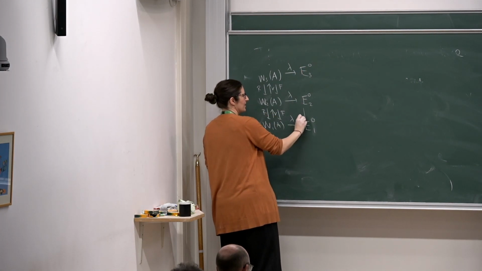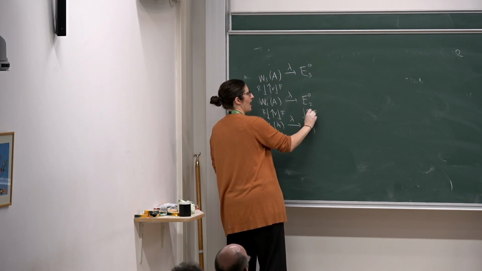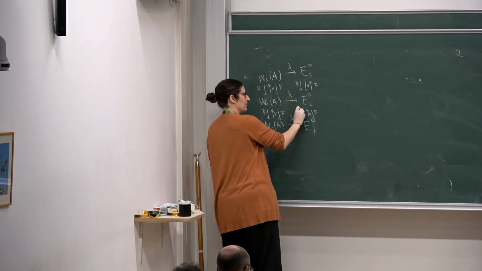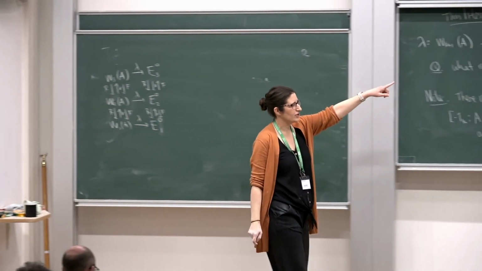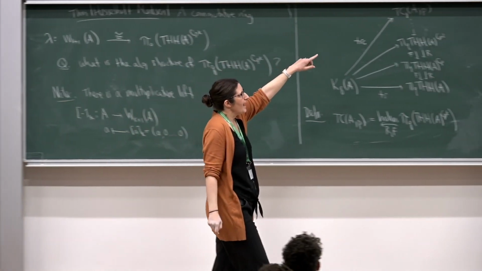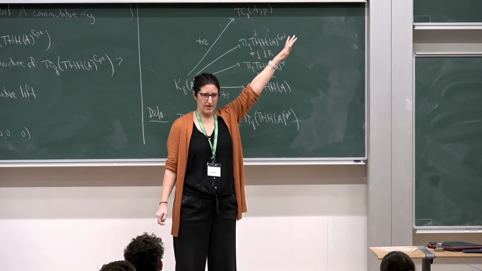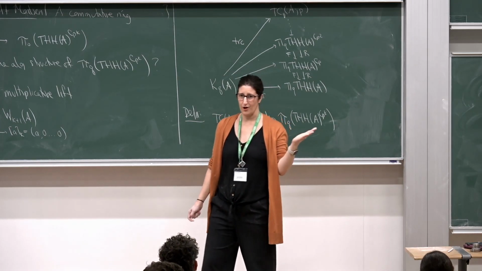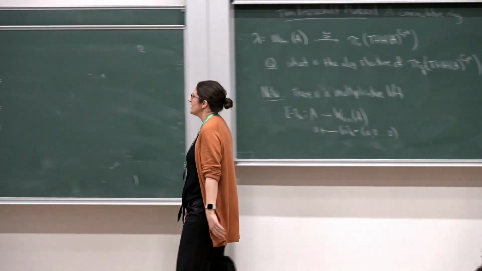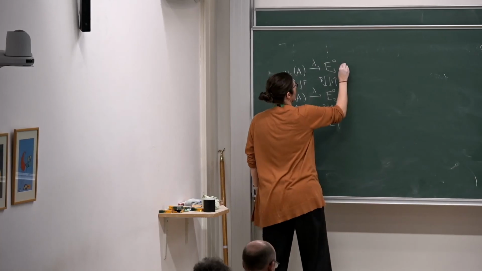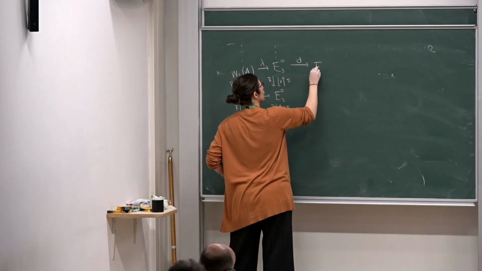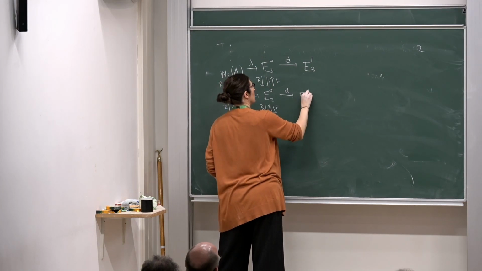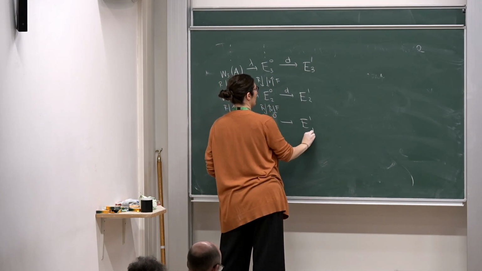And in my Witt complex, I also have operators F and V. I'm going to put an R here, and you're going to complain because there's no R in the definition. But what is the R? Everything is a pro-differential graded ring, so the R is the pro direction. It's your structure map in your pro ring, just calling it R. Okay, it's a differential thing, so I've got a differential now that's going to take me to E13, E12, E11.